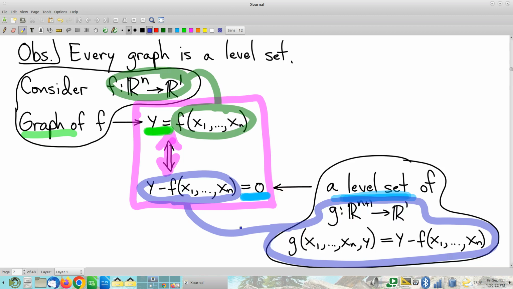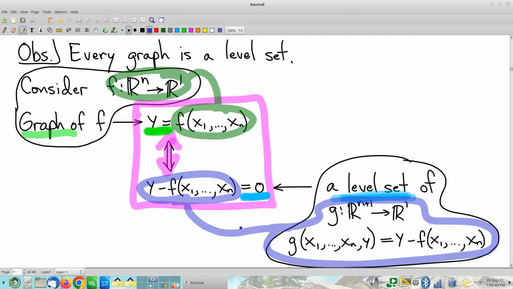Let me say that differently. If you find yourself looking at a graph of one function, but the calculus of graphs doesn't give you the information that you need, if you wished that you could use the calculus of level sets, cool, no problem. That function whose graph you're looking at, do this little move, and now you can apply the calculus of level sets to this new function.